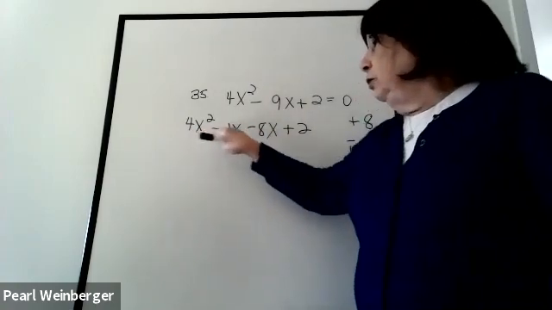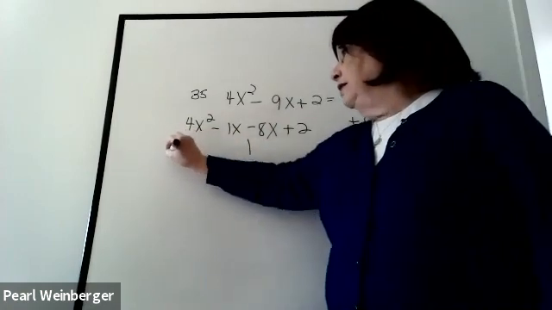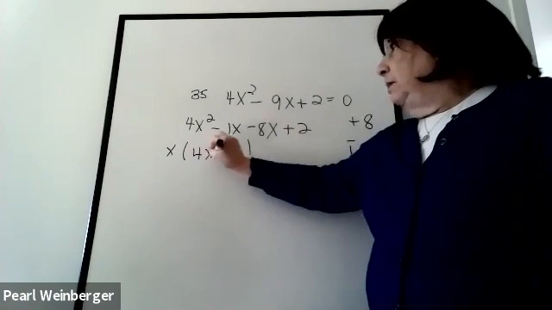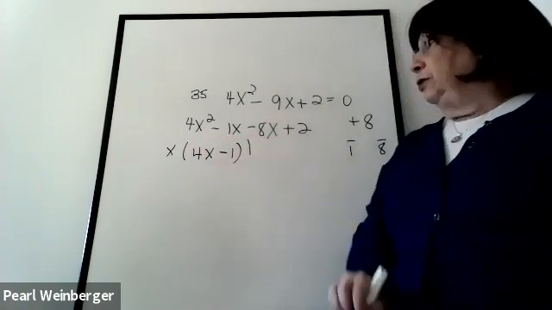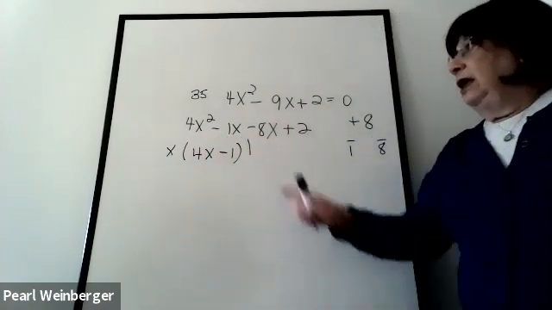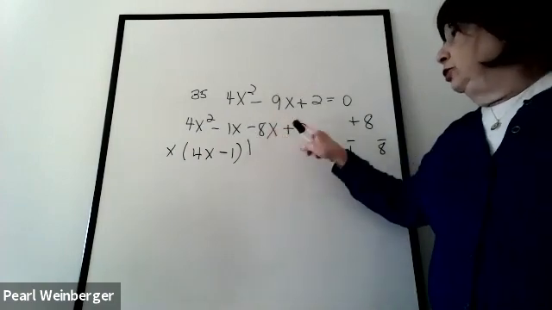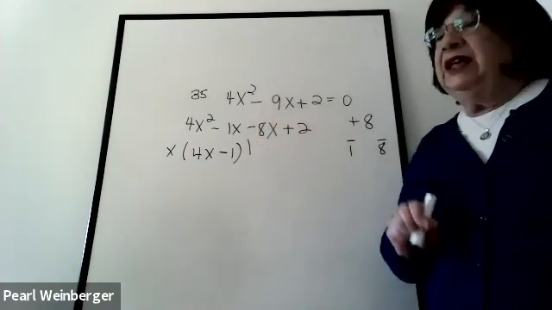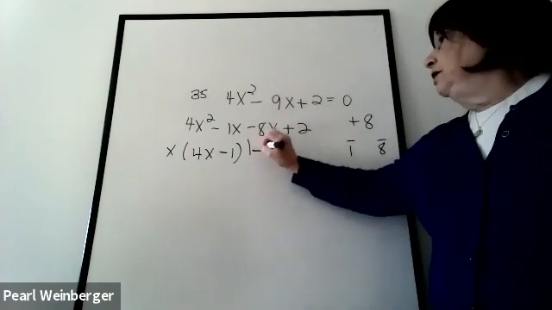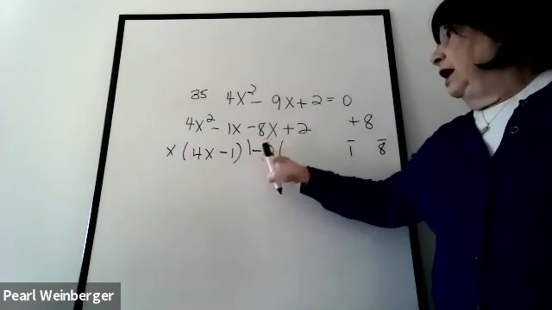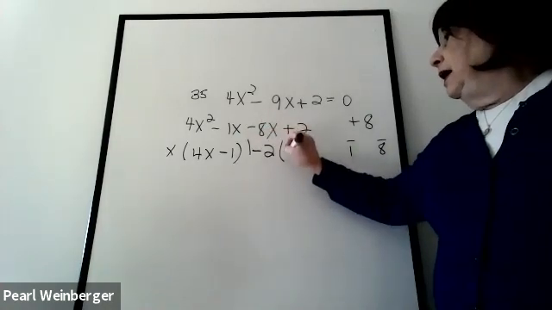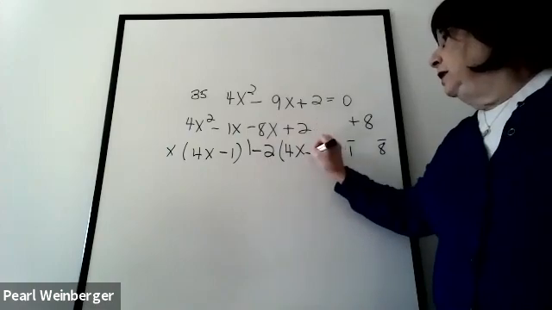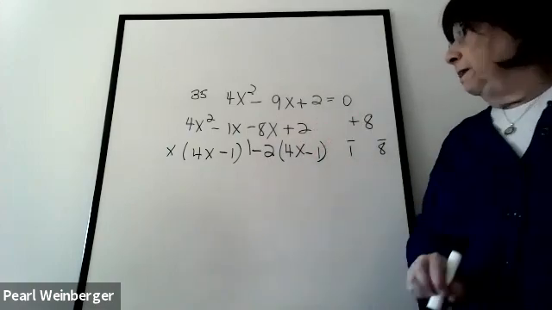In my first group, my common factor is x, and I get 4x minus 1 in that first parentheses. In my second group, I have an 8 and a 2, so my common factor is 2, but since it starts with a negative, the common factor has to be negative 2. And negative 2 into negative 8 is positive 4x, and negative 2 into positive 2 gives me negative 1.